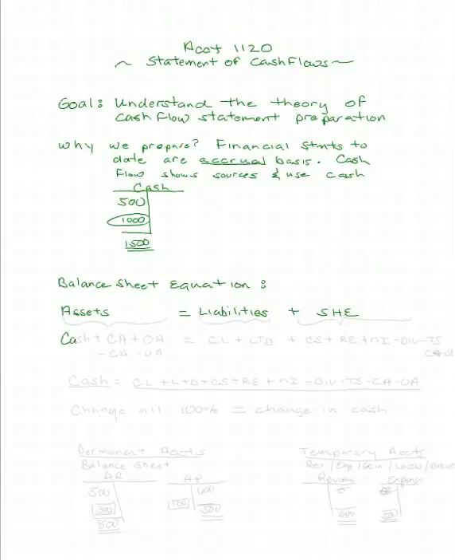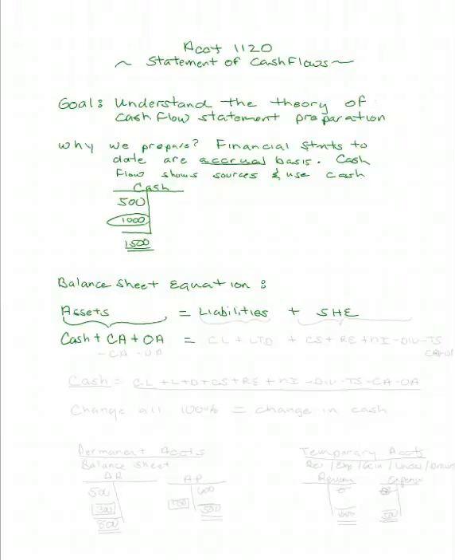I want cash by itself. I want to pull out current assets, and I want to pull out all other assets. I'm going to write OA for other assets. So I have expanded my asset side to include 3 categories: cash, current assets, and other assets.